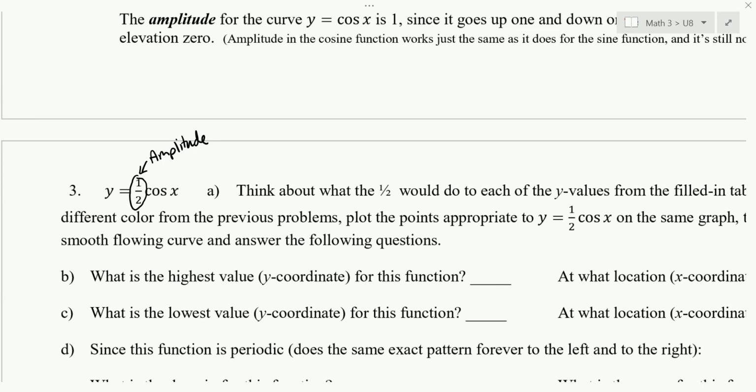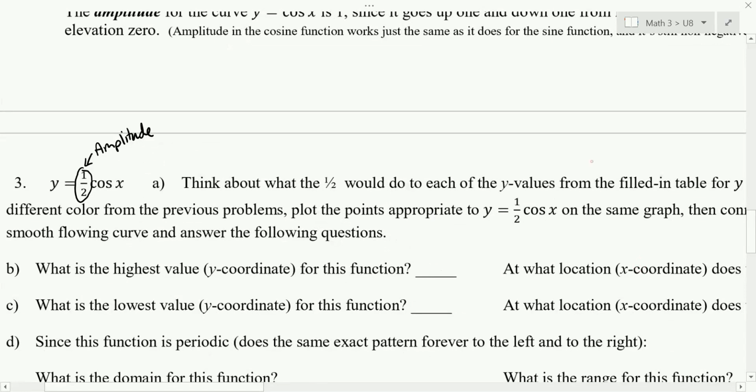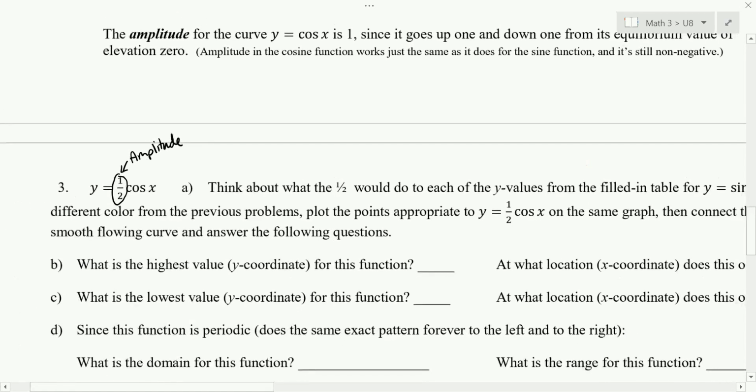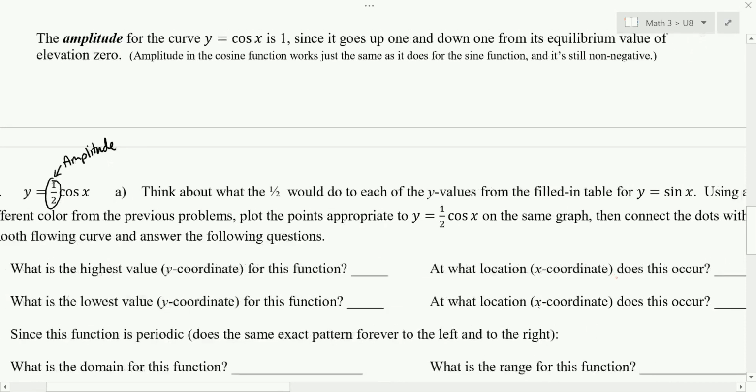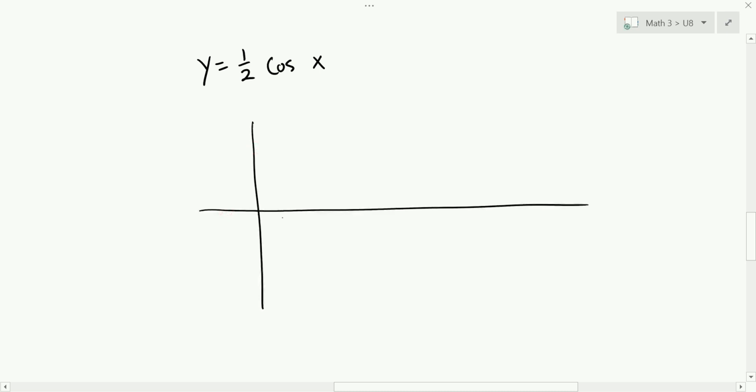And so this is wanting us to put this on that graph, and we will in a second. But if I asked you to just graph y equals 1/2 cosine x, your steps to graphing this would be this. You'd mark off on the x-axis, again, counting by pi over 2, so 0, pi over 2, 2 pi over 2, 3 pi over 2, 4 pi over 2.